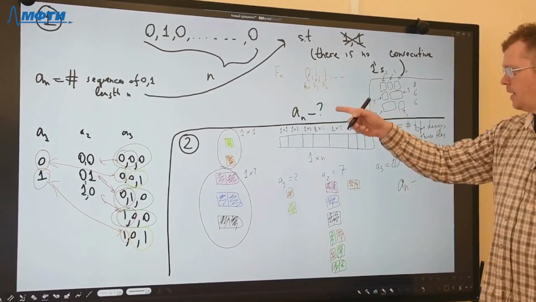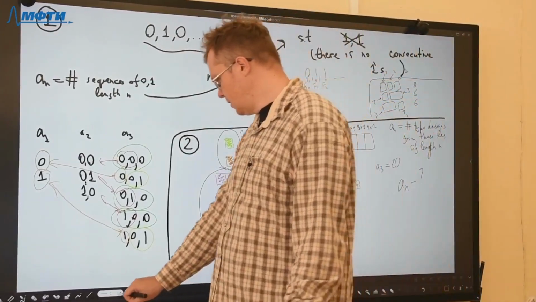Can we describe a_n in terms of Fibonacci numbers?